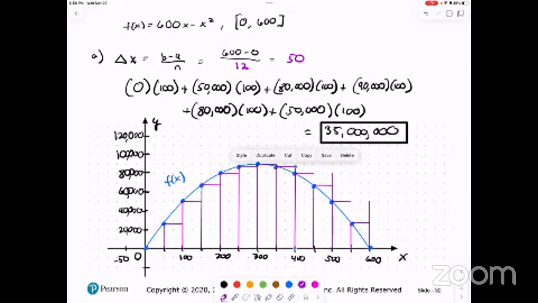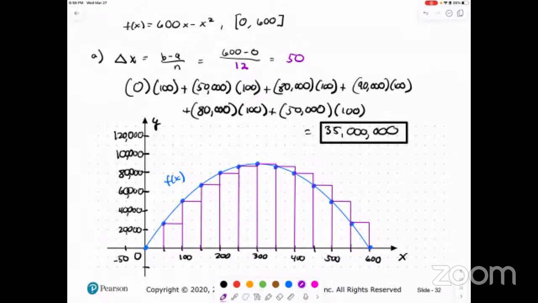This one goes here. This one goes here. And this one goes here. Okay. So basically we base the height of these rectangles on, again, the left-hand corner. Now I will say that going forward, we'll see that you can base the height of these rectangles on the left corner. You can actually base it on the center, and you can base it on the right, and it all gives you the same approximation.